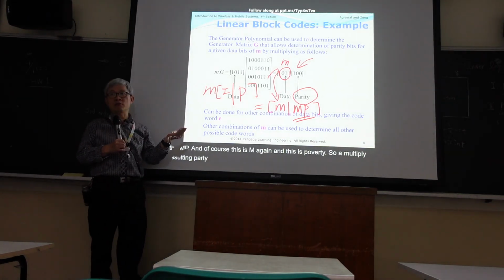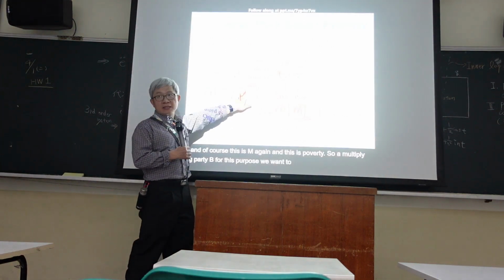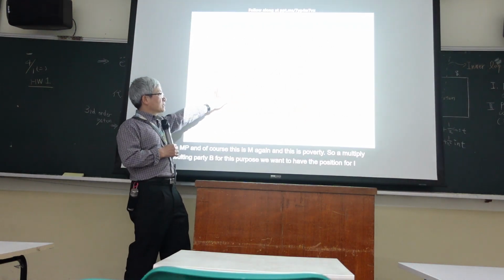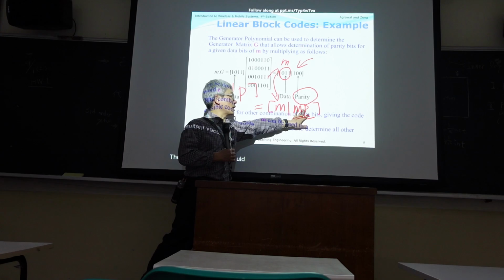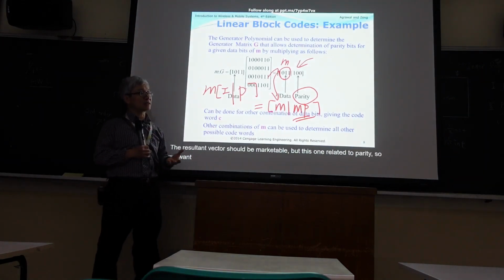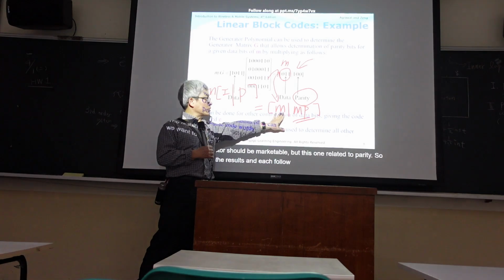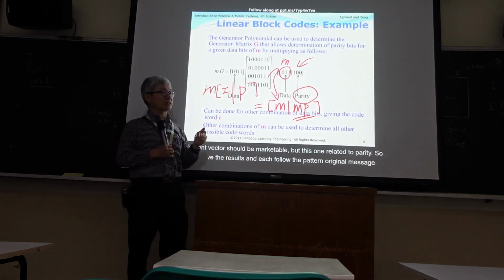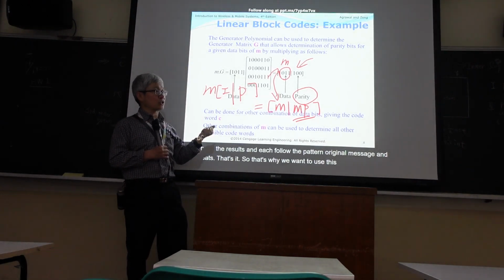For this purpose, we want to have the positions for I and P. The resultant vector should be the message again, followed by the parity. So we want the resultant bits to follow the pattern: original message, and then parity bits. That's why we want to use this way to construct G.